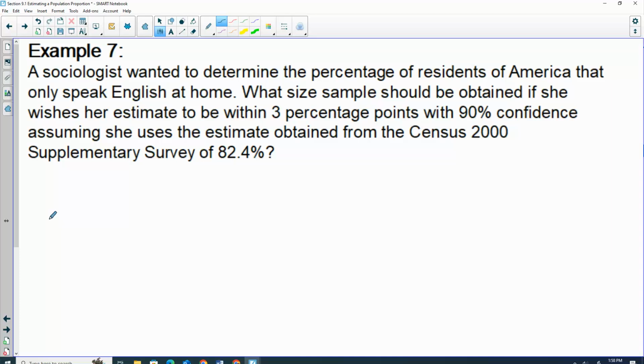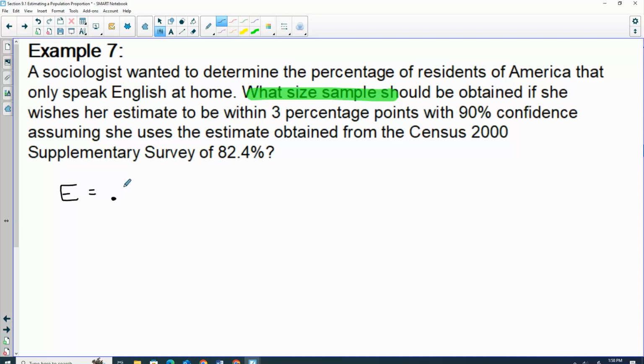A sociologist wants to determine the percentage of residents of America that only speak English at home. What sample size should be obtained? So I am looking for the sample size. She wishes her estimate to be within 3 percentage points. So that 3%, that is my error. That's how far off we can be.